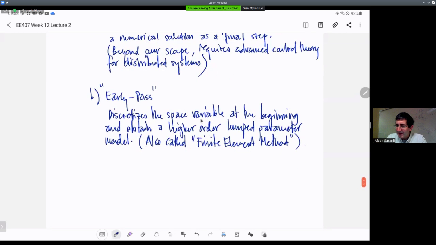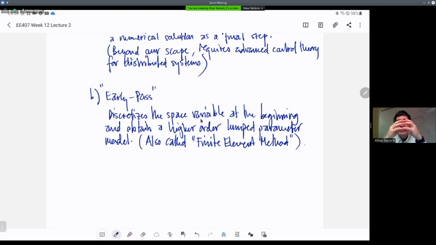So what is the idea here? The idea is to eliminate the space variable dependence. How can we do that? Instead of having a continuous x variable, we can divide the system into segments for which instead of x we assign an index. For example, I will solve our solid rod example with a finite element method at the end.